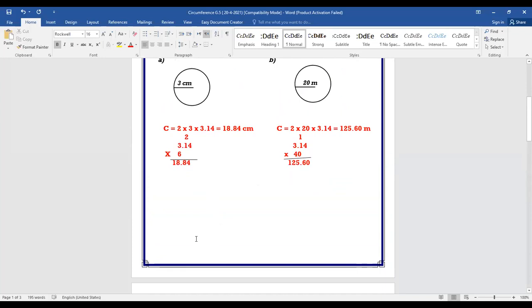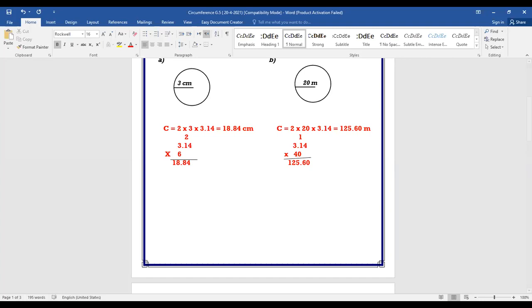If the radius is 5, multiply 2 by 5 by 3.14. If it is 10, multiply 2 by 10 by 3.14. If you have the diameter, multiply the length of the diameter by 3.14 only. For example, if the diameter is 8 you multiply 8 by 3.14. If it is 9 you multiply 9 by 3.14.